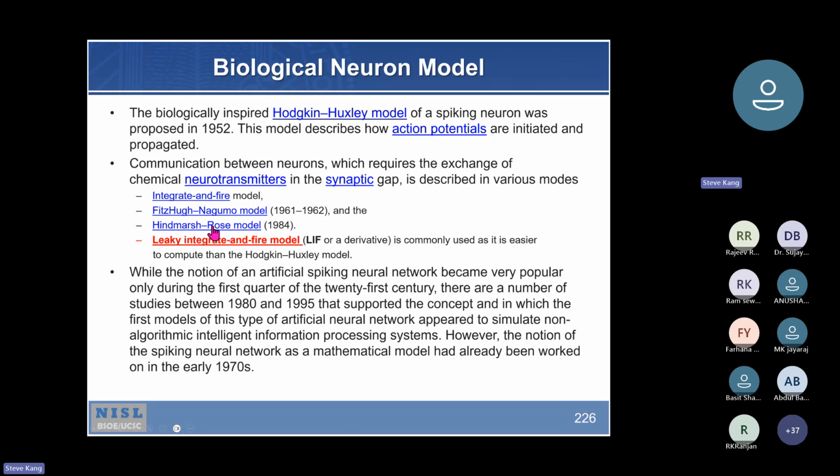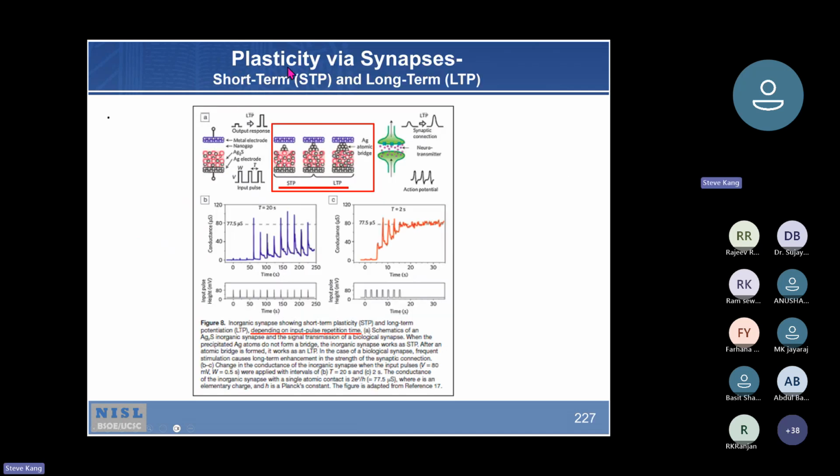But the main point here is the leaky integrate-and-fire model, and the spiking neural network mainly uses a neuron model and a synapse model. Then the learning is happening in synapses, right? Plasticity via synapses. There are two kinds of learning, long-term learning and short-term learning.